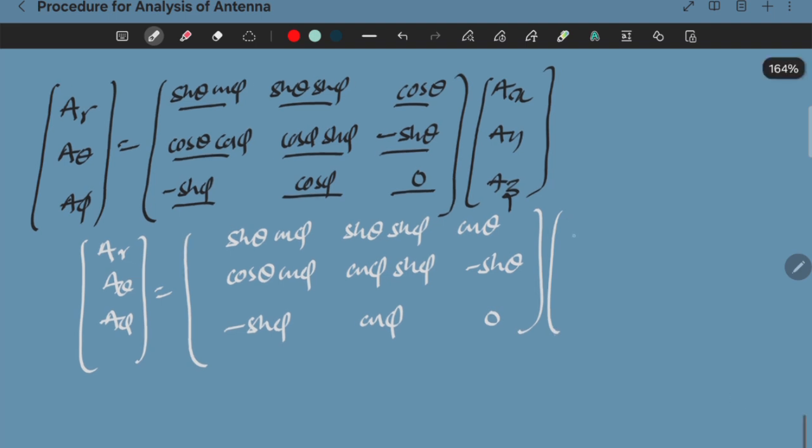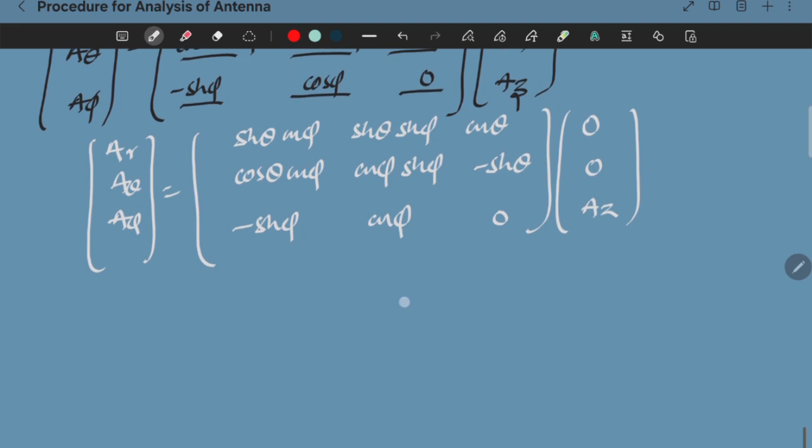Our A bar is having only AZ, so 0 0 AZ. You know how to do matrix multiplication. This row, this column, if you multiply, we'll get just AZ cos theta.